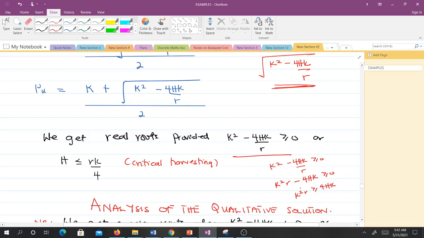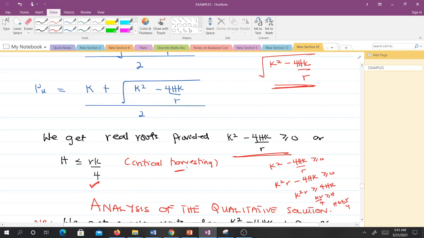When we divide through by k and 4, we will get kr over 4 greater than or equal to h. And this can be written as h less than or equal to kr on 4. So that's the reason why this term here is the same as this. Okay, and this term here is what we call the critical harvesting rate.